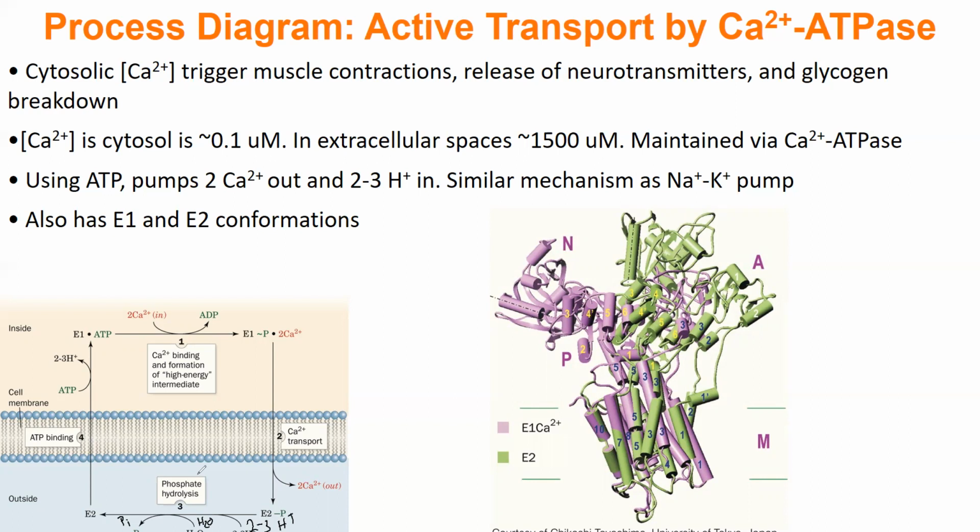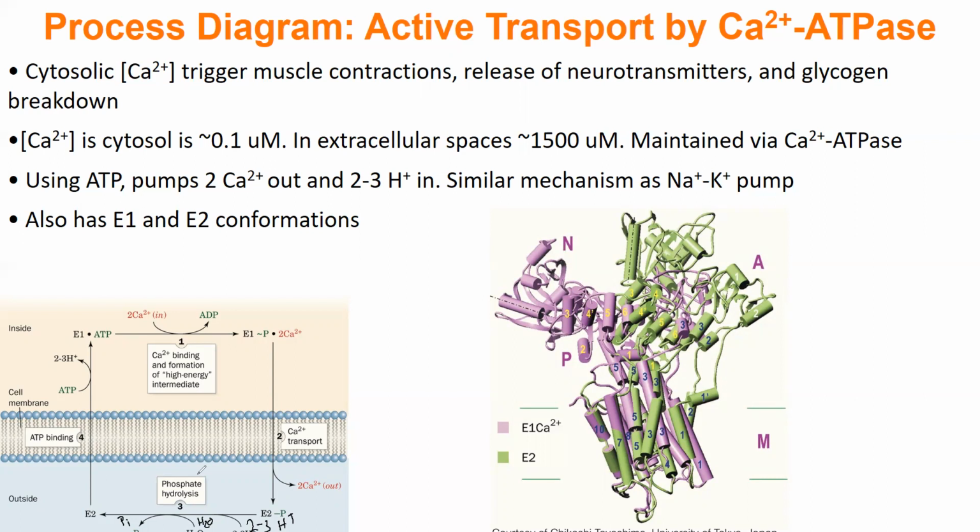So a release of calcium triggers muscle contractions. Calcium can also do our nerve impulses that we looked at. And in Biochem 2, one of the things we talk about is how calcium can signal a lot of different metabolic processes. And one I just have listed there is glycogen breakdown.